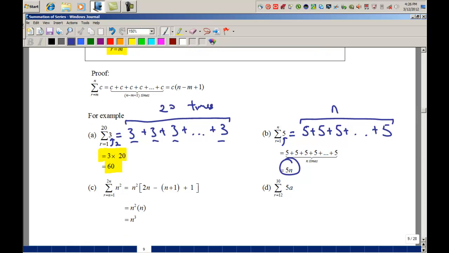Now let's take a look at C and D. If you look at C, C looks a little bit complicated, but it's actually not. Because remember, n is a constant. The only thing that's changing is your r. So I look at my lower limit, that's n plus 1. I look at my upper limit, that's 2n. So I look at the n squared here. n squared is a constant.